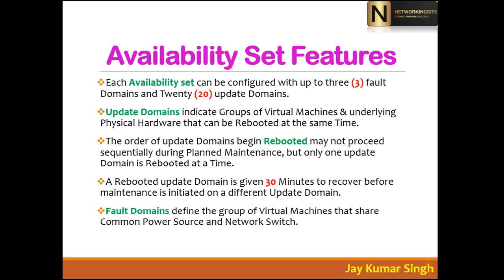The order of update domains being rebooted may not proceed sequentially. I told you that it is not in sequence; maybe Microsoft is maintaining update domain 0, and it's not that it will maintain update domain 1 next. Maybe it can start updating update domain 5. Okay. And the gap between update domain restarts or maintenance is 30 minutes. So after 30 minutes, it will restart or reboot another server.